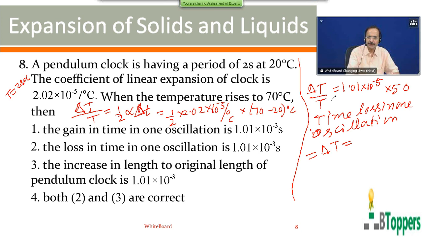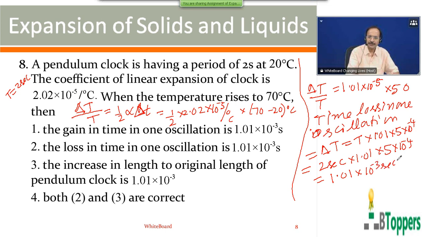You can take T to the right side: T into 1.01 into 5 into 10 power minus 4. So T is our true time period, which is 2 seconds. This can be simplified further, and you get 1.01 into 10 power minus 3 seconds.